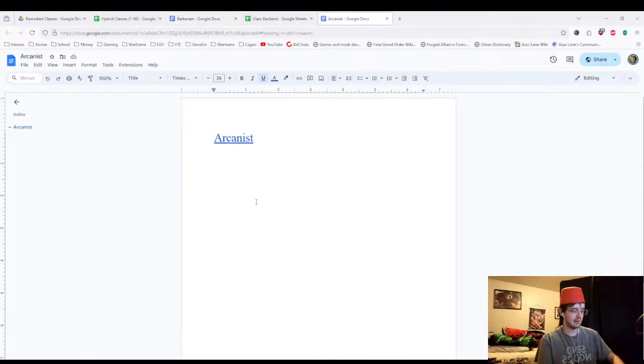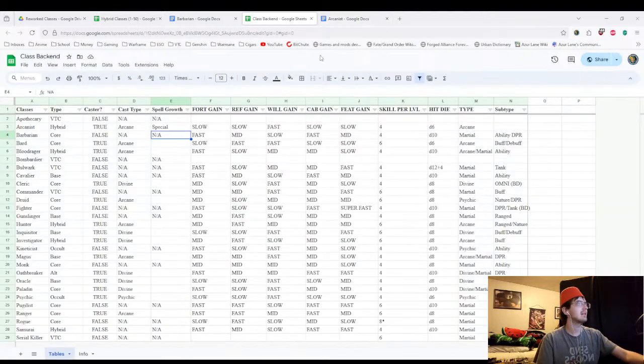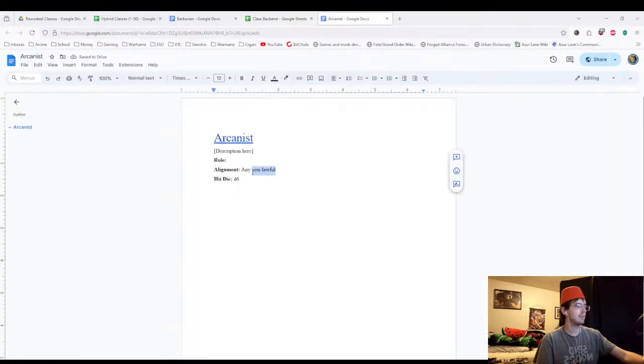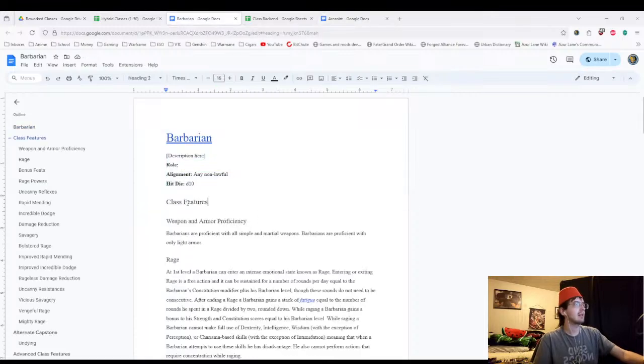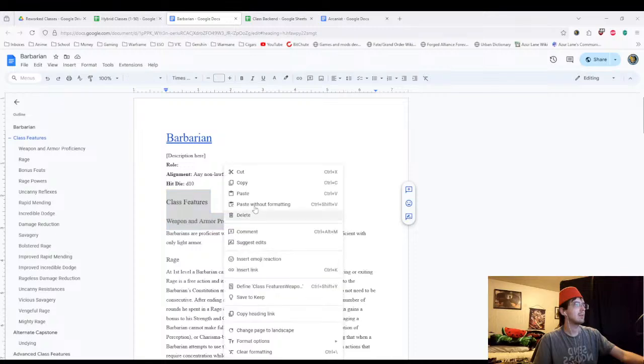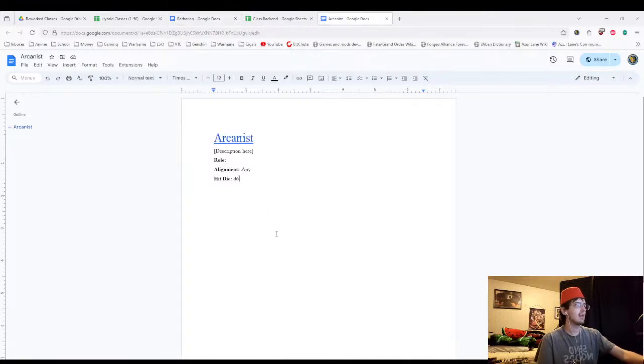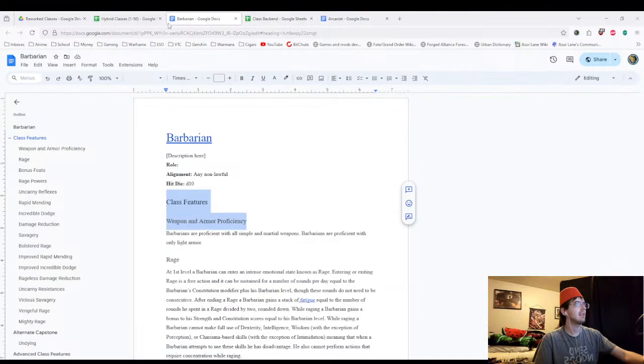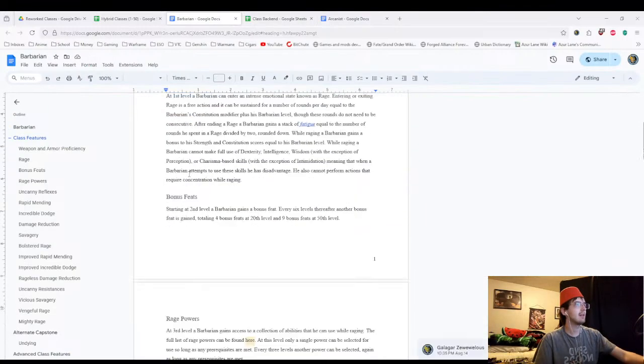We're just gonna grab that, put that there. Let's see, they've got a D6 hit die. Okay, so boom. There's that. Alignment, and so on. We need heading 2 for class features and weapon and armor proficiencies. Okay, we're getting it formatted. Any other formatting stuff that I'm going to need to know about?